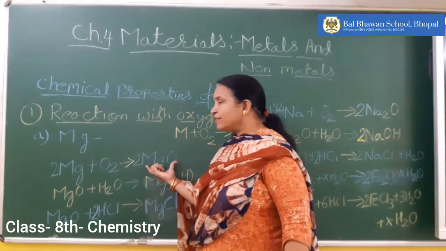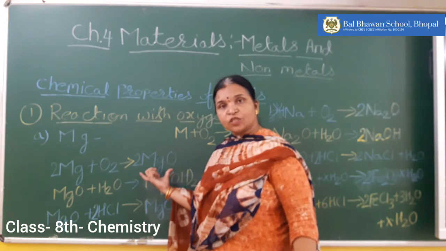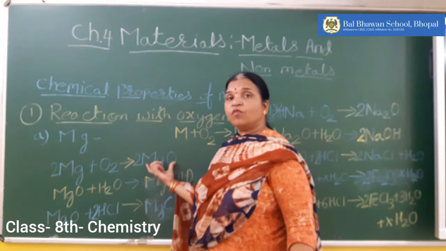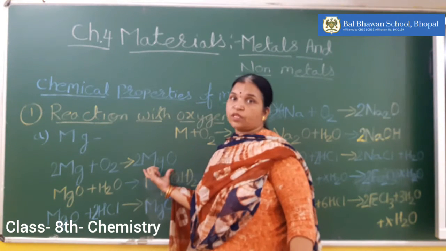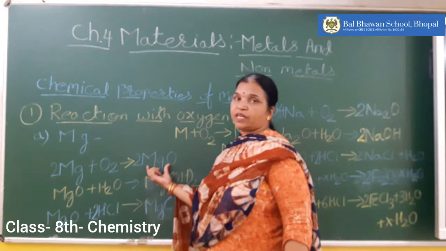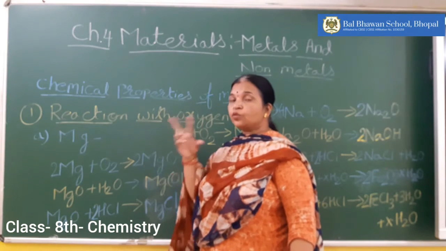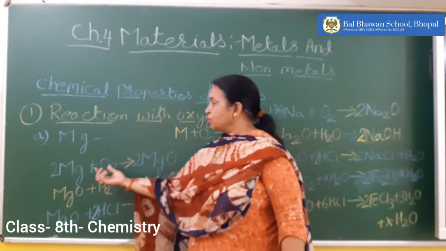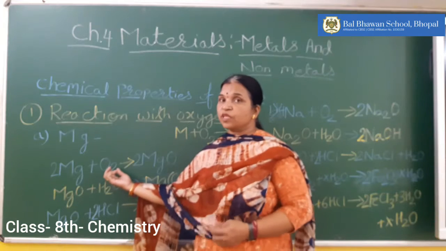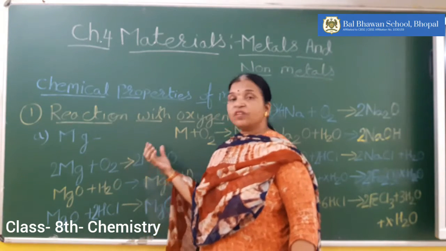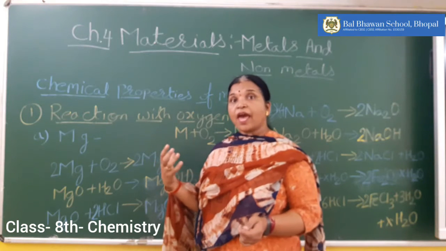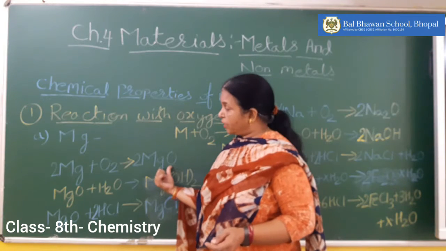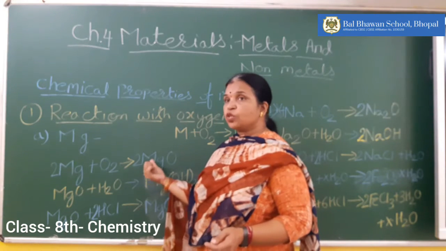Now, what is the nature of this oxide? We do not know, so we have to confirm it. Before that, I would like to tell you that when magnesium ribbon burns in the presence of oxygen, it burns with a white dazzling flame and produces white ash, that is magnesium oxide. I will divide this magnesium oxide into two halves.